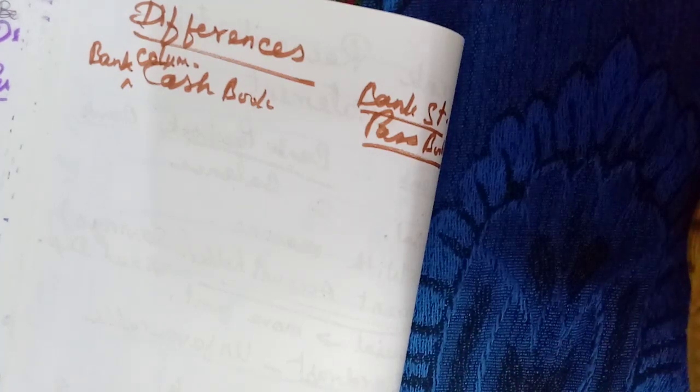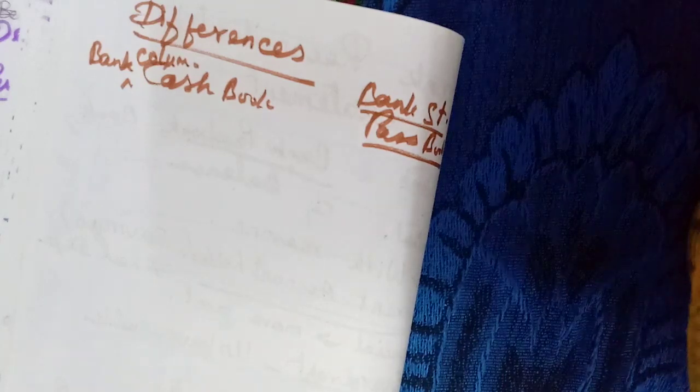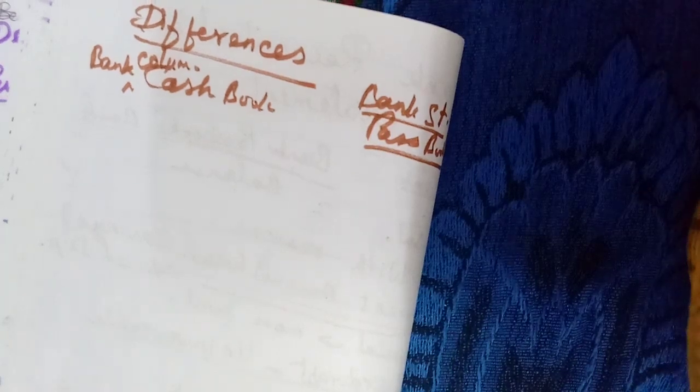Then any collections or payments made by the bank, we can give some instruction, that also you should know. Many payments or collections, for example dividend can be received from some companies, or payments like electricity bill or insurance premium, the bank can do as per the instructions of the customers.